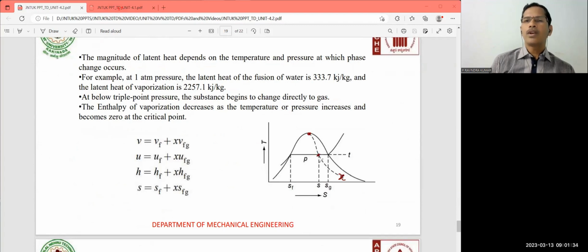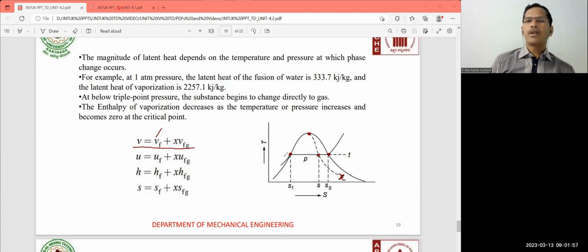So how are you going to find out the cases? If you want to find out the volume, then V is equal to Vf plus X into Vfg. Vf is this one, or Uf, or Hf, or Sf, whereas this one is Vg, Ug, Hg, Sg.